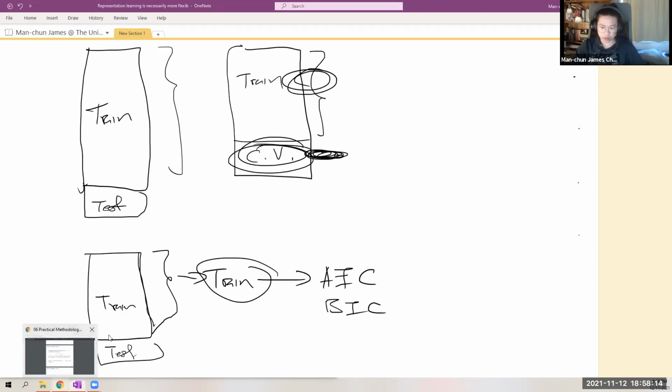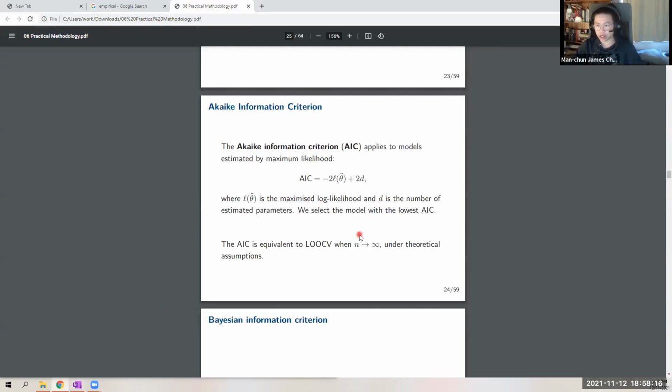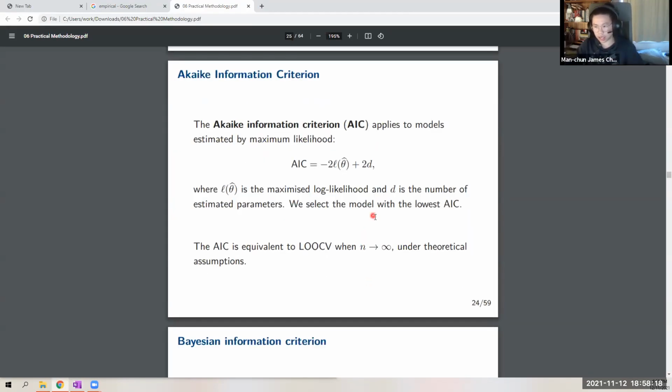For AIC, you train the model on the training set with no splits, compute the cost, and then add 2 multiplied by the number of parameters.